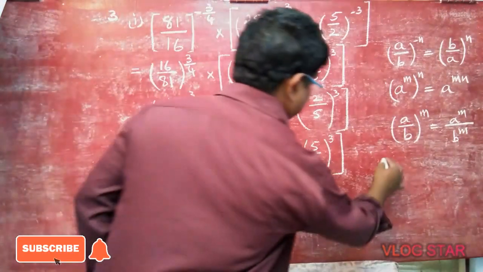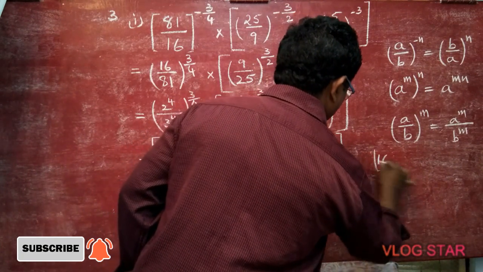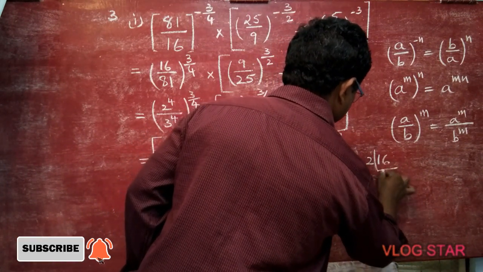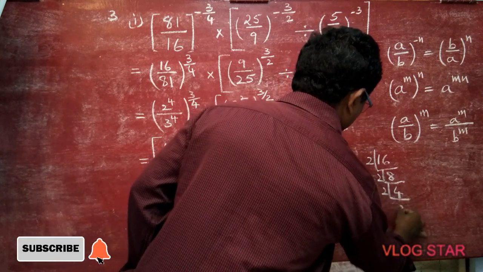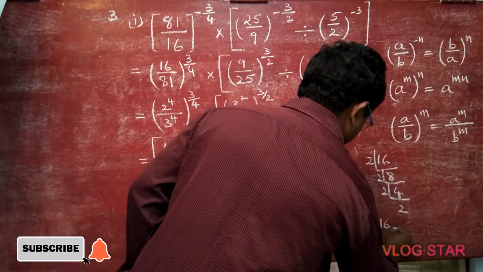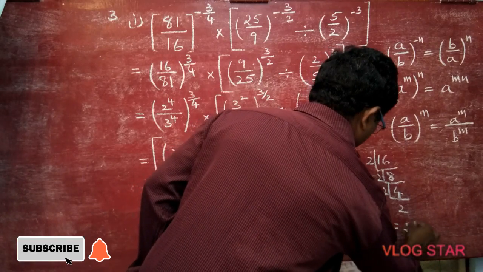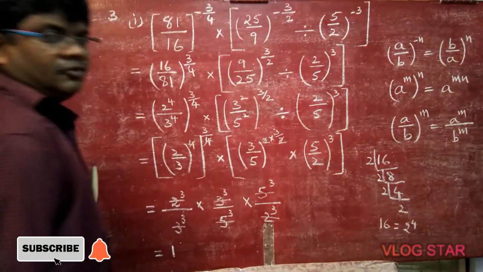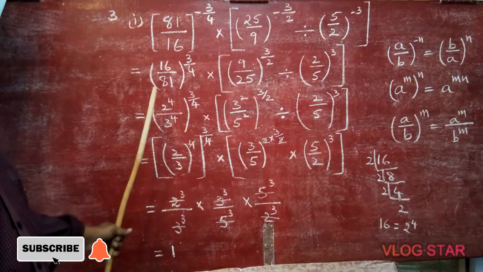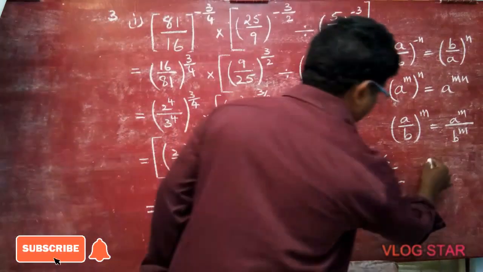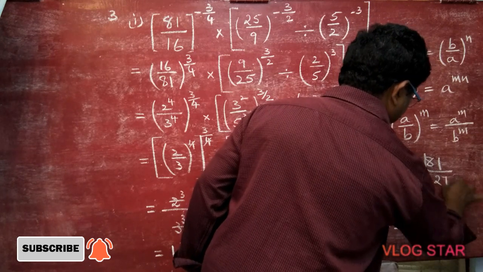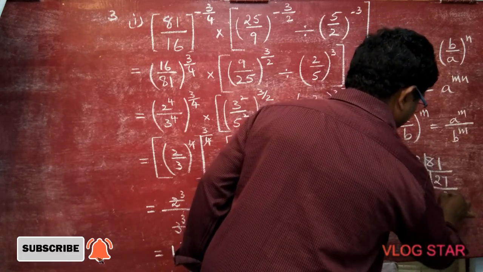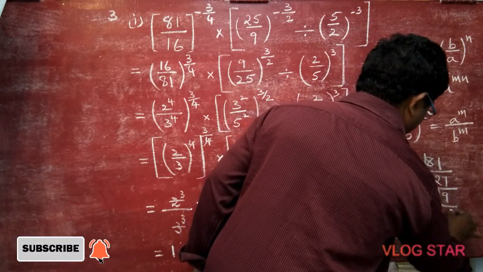Factors of 16: 2 goes 8 times, 2 goes 4 times, 2 goes 2 times. So in the place of 16 we can write 2 to the power of 4. Find factors like that. Coming to 81: 3 table, 3 goes 27 times, 3 goes 9 times, 3 goes 3 times.